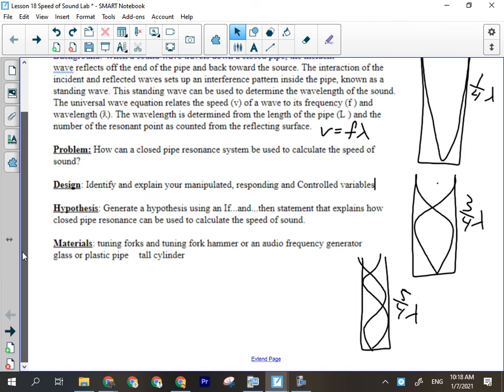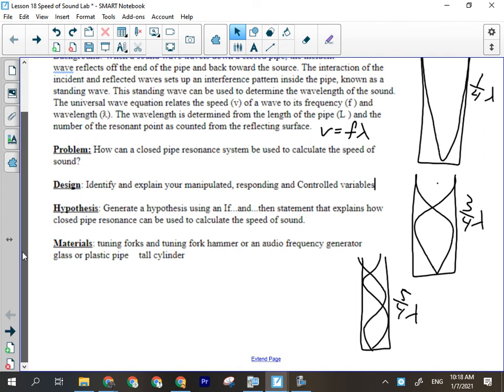tube. Our manipulated variable is going to be our frequency, because we're going to be comparing 2 different tuning forks. We want to see if we get the same speed of sound for both of the tuning forks. There are a couple of responding variables; I want you to think about what they are.